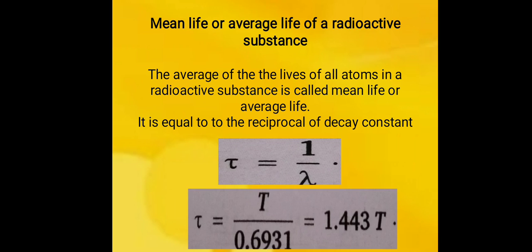We know how to write tau, right? The mean life is equal to the reciprocal of the decay constant. So we can see the equation: tau is equal to 1 by lambda, or tau is equal to T by 0.6931, that is equal to 1.443 T. So these two equations we can write for mean life or average life.